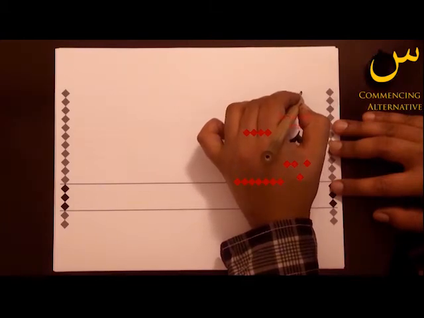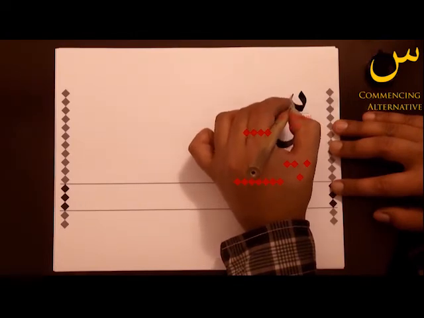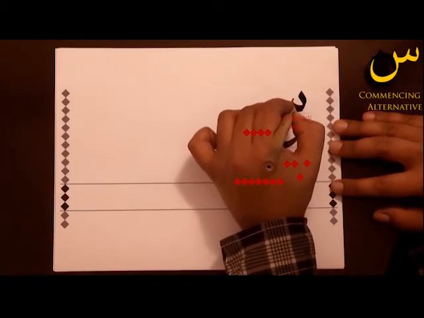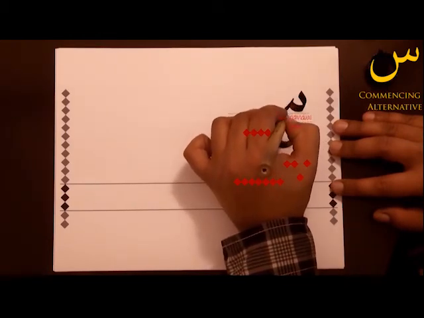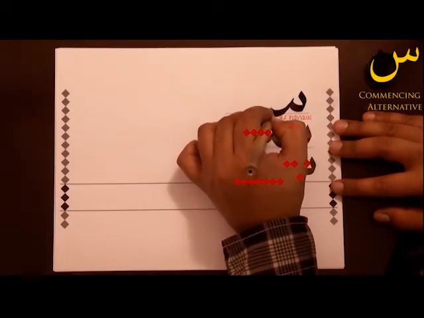Now, alternatively, Seen could also be written in this manner. So the initial two strokes would be exactly the same. The difference would be in the third stroke.